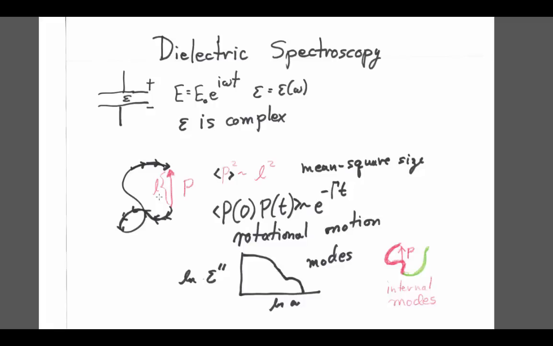Second, if you line the polymer molecules up somewhat by applying an electric field and let go, there are other ways of doing the experiment. You have rotational diffusion.